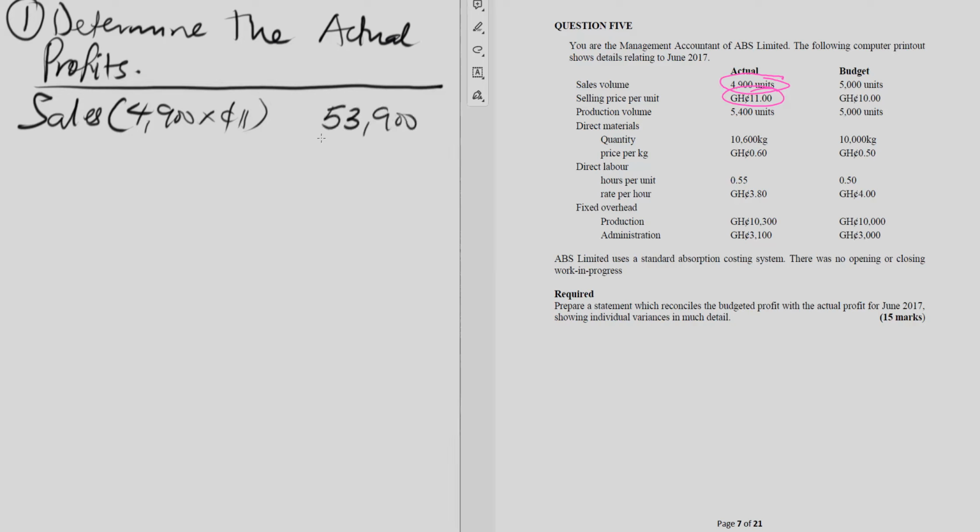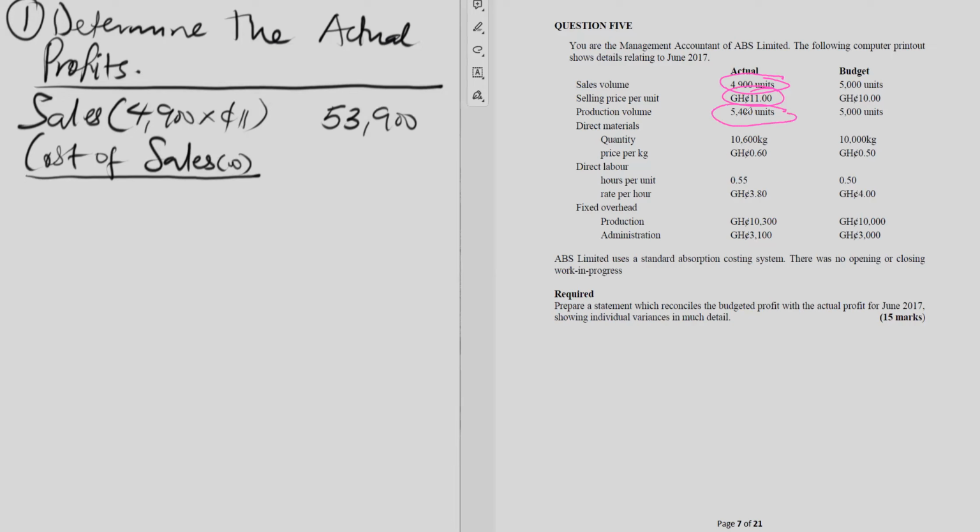Now from there, you need your cost of sales or your cost of production. So we need to work out our cost of sales. I'll underline it nicely. The whole thing about this is that when it comes to cost of production, you need to multiply by the quantity that you have produced.